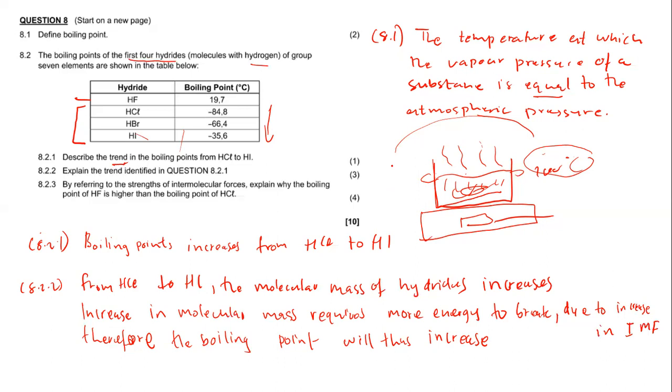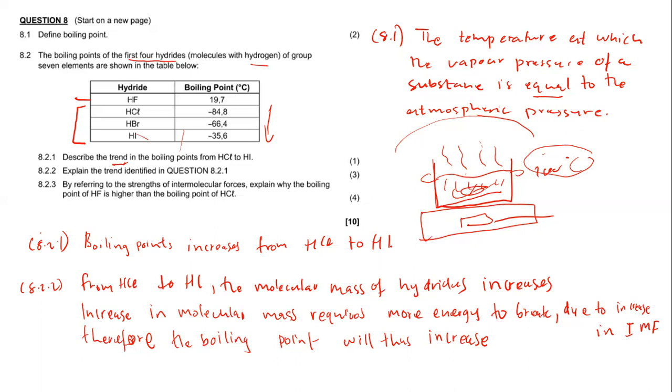So for this thing to boil, you need more energy. That's why I'm saying an increase in molar mass will increase intermolecular force. Therefore, more energy is required. When more energy is required, the boiling point will thus increase.